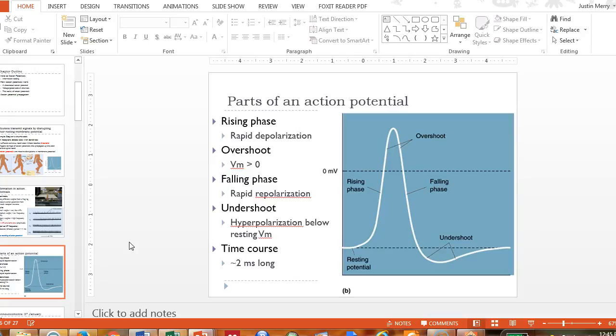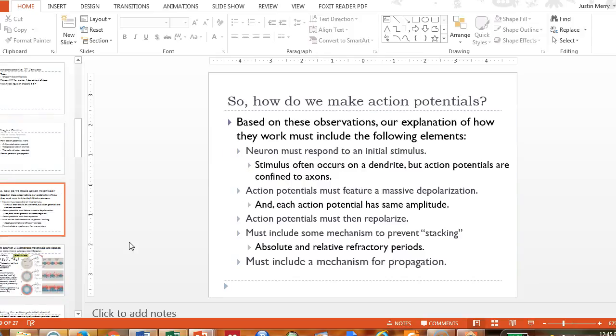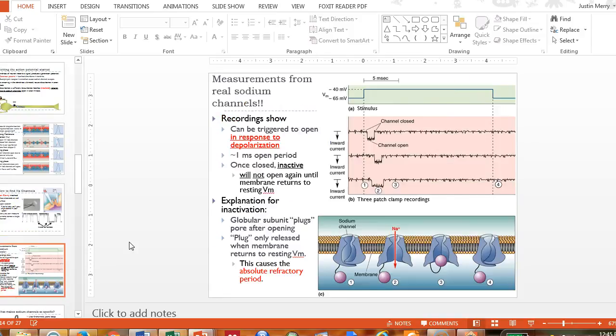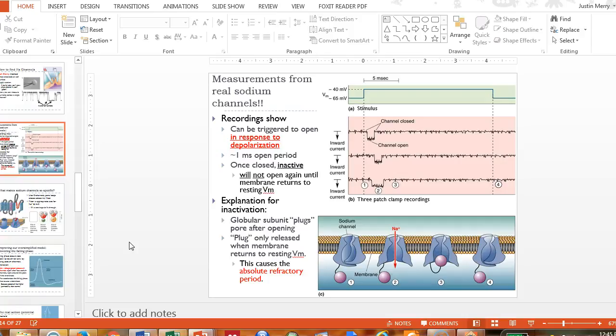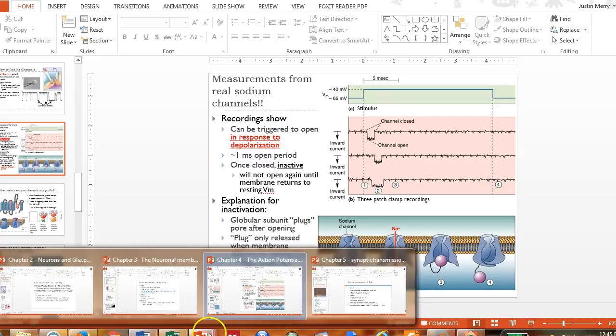So in fact, the action potential will never stay up here. It will have to return because there's just no upward stimulus once those sodium gates close, and that's due to this globular subunit. This guy.